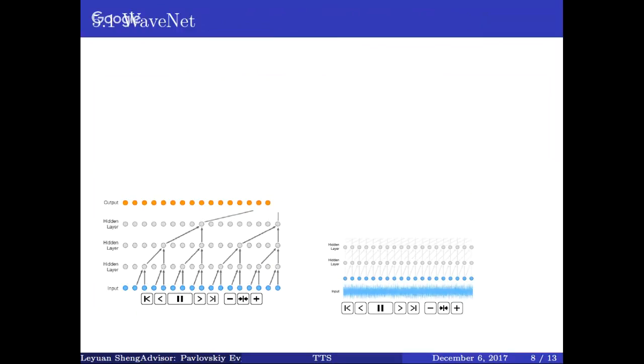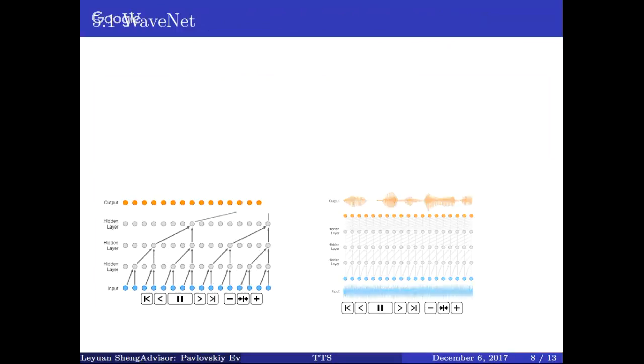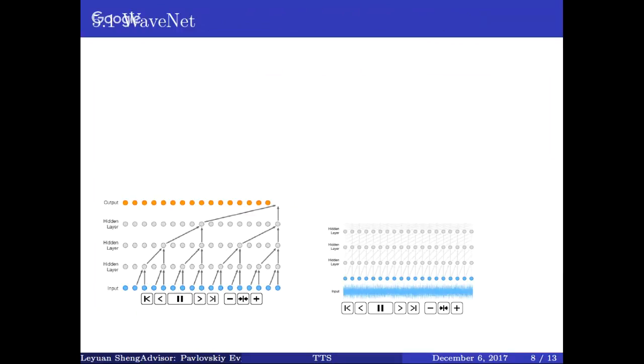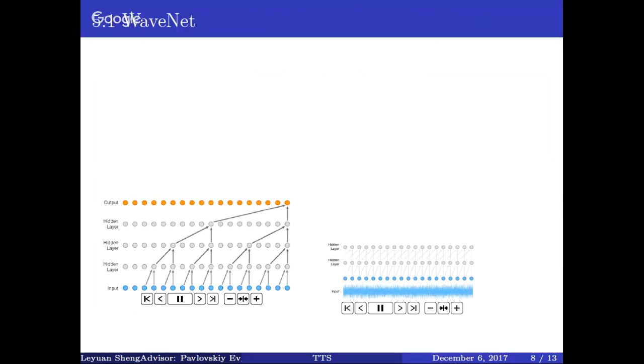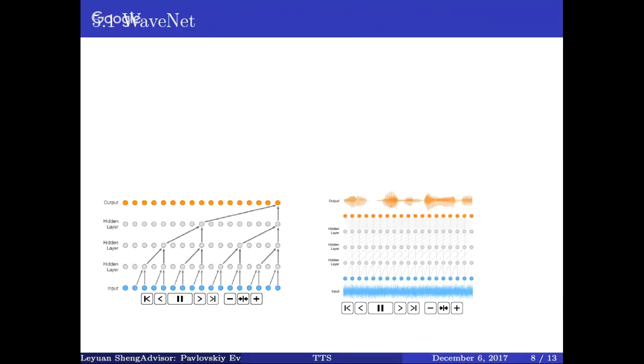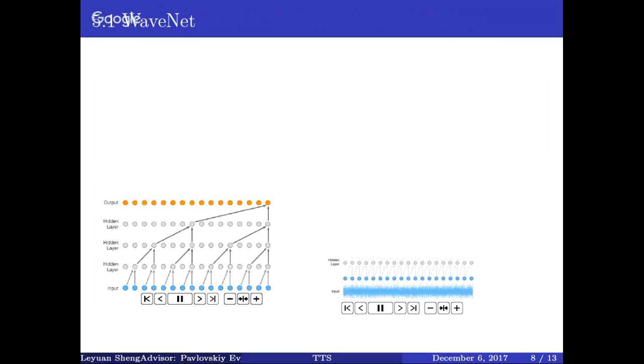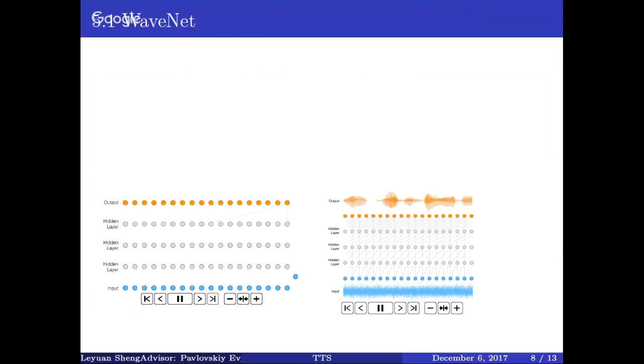This was published last year, and on the right is also WaveNet, published maybe two months ago. The first one is slow, this one is very fast, and this is the parallel WaveNet. It is faster than the original WaveNet by 1,000 times.